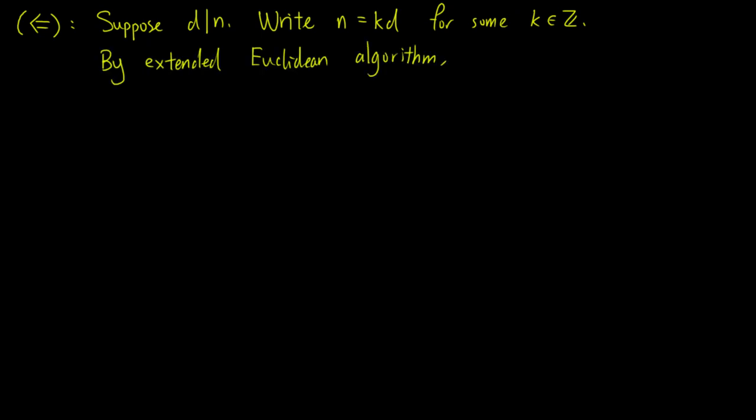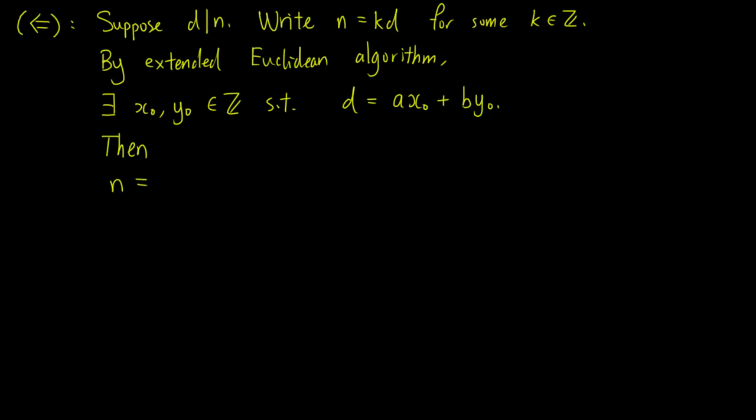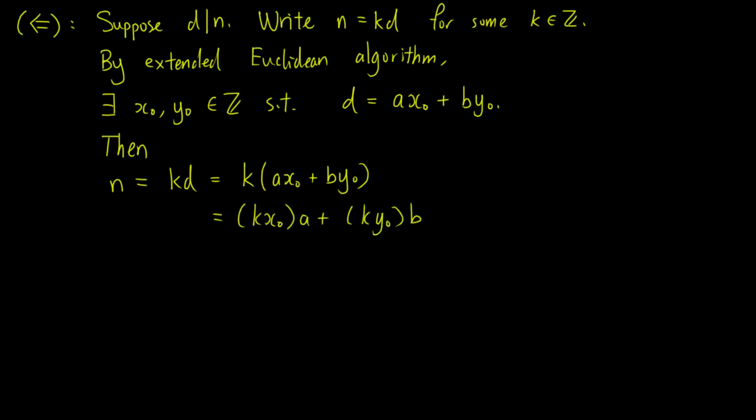By the extended Euclidean algorithm, there exist integers x0 and y0 such that ax0 plus by0 equals D, because D is just the HCF of A and B. So we can write n equals k times D, which equals k times bracket ax0 plus by0, which equals kx0 times A plus ky0 times B. This means that x equals k times x0 and y equals k times y0 is a solution to the given equation.